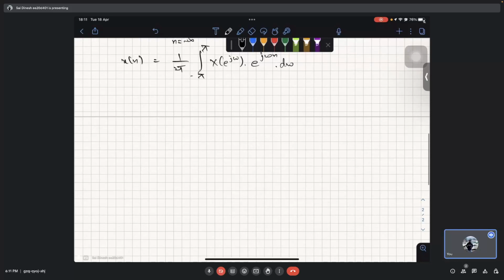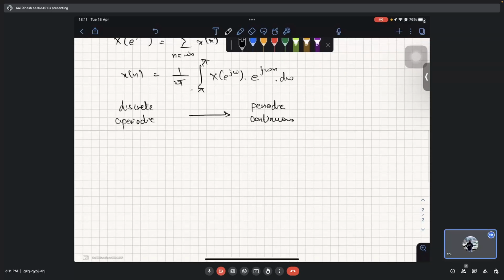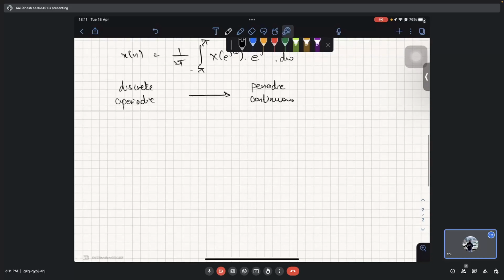So here it is discrete and aperiodic, so this will give a periodic but continuous transform. This is what we have been talking about, but since it is continuous, and the signals that we will be working on are discrete signals, only then can they be stored.